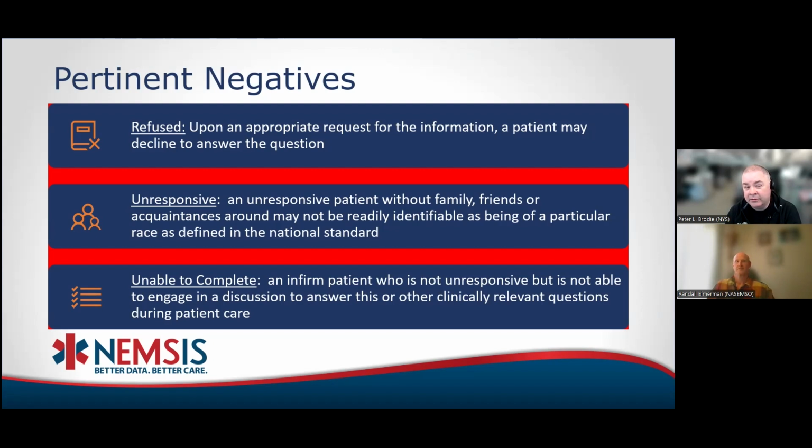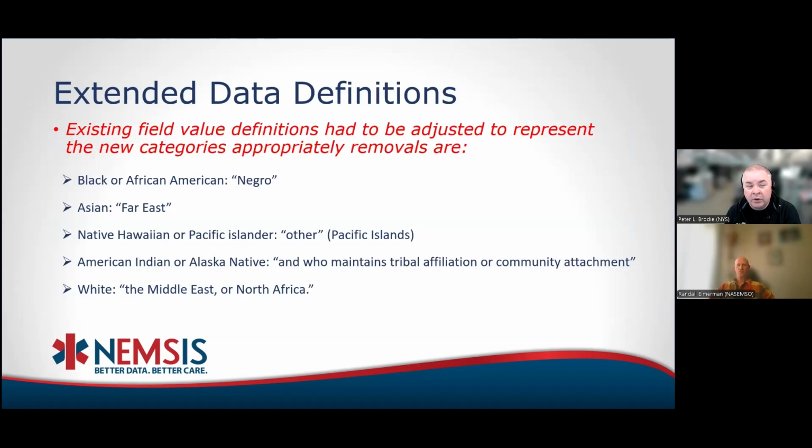Next slide, Randall. So for the extended definitions, some of these definitions in the changes that were just made removed some terms from it. So Black or African American, they removed the word Negro. Asian, Far East. So Asia is a very large continent.